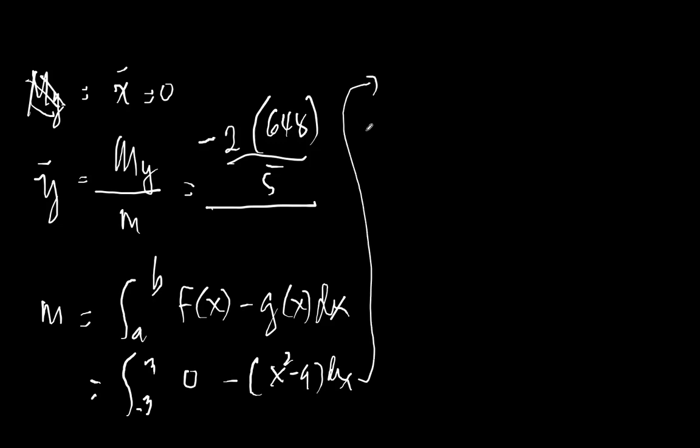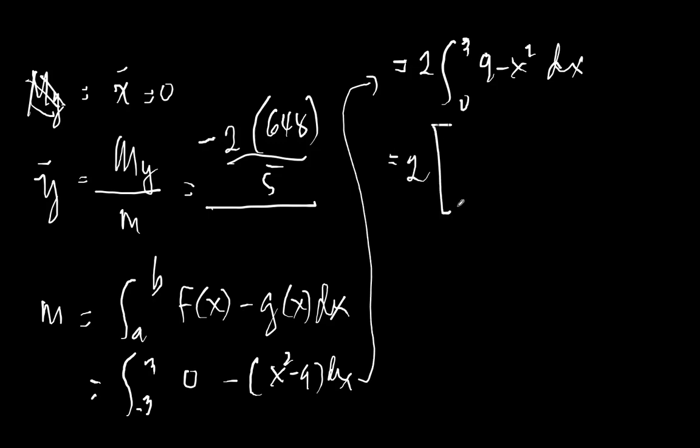dx. So let's simplify. Again, using the property, this becomes 2 times the integral of this number, 9 minus x squared, with respect to x from 0 to 3 because of this, correct? So 2, the integral of this is 9x minus x cubed over 3 from 0 to 3.